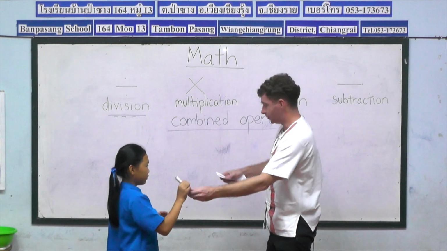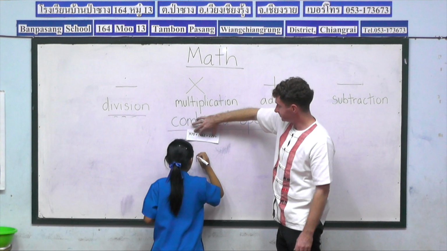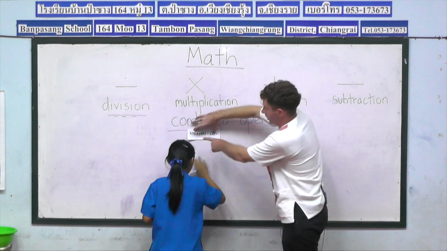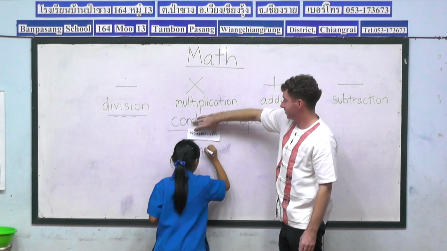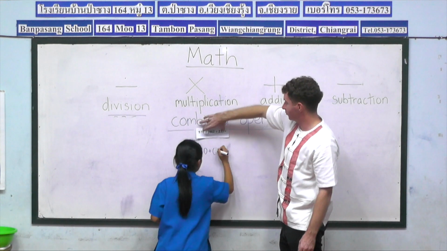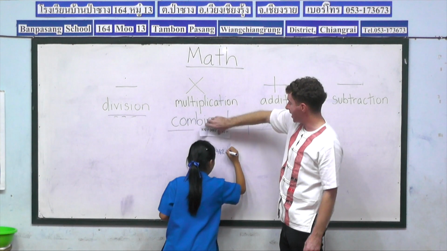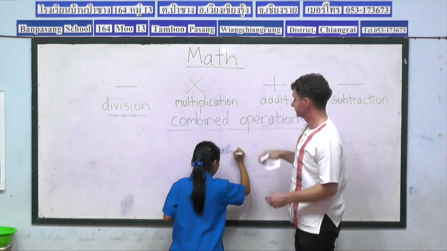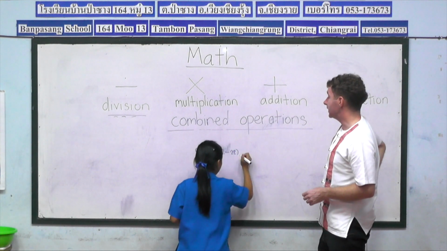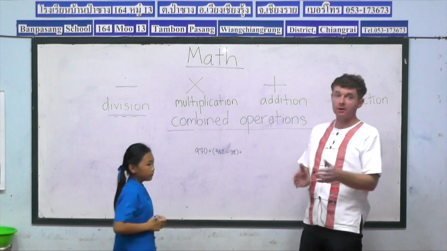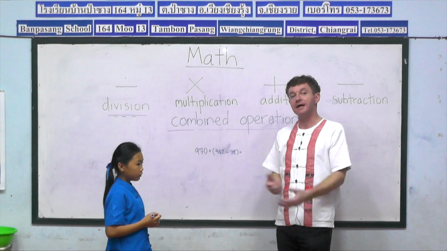So Nadia, for you, you'll need to write it all first. 970 plus, brackets, 462 divided by 22, close brackets, equals. Okay, it looks a lot, but don't worry, because all we need to do is do it step by step, and we'll have the answer soon enough.